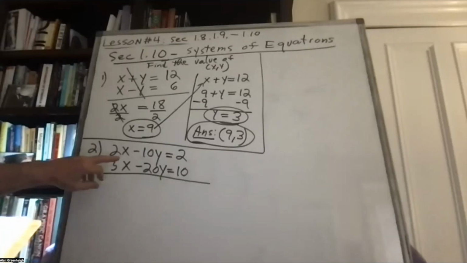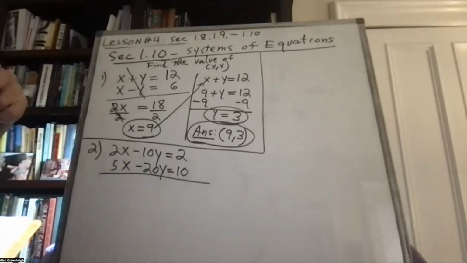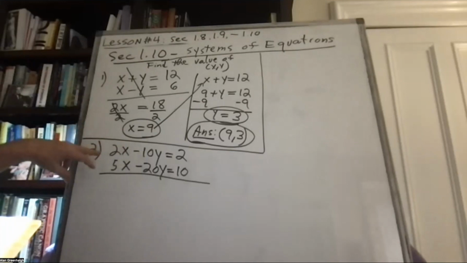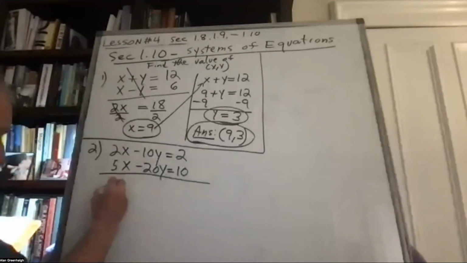Well, it would be nice if this were a positive. Is that what you're saying? Well, yeah, but like times the 2 by -5 and times the 5 by a +2. Oh, you want to get rid of the X's. Is that what you're saying? That's what I thought of first. Okay, that's fine.